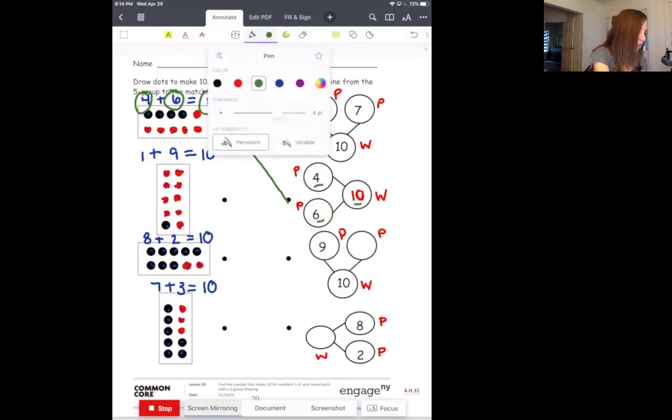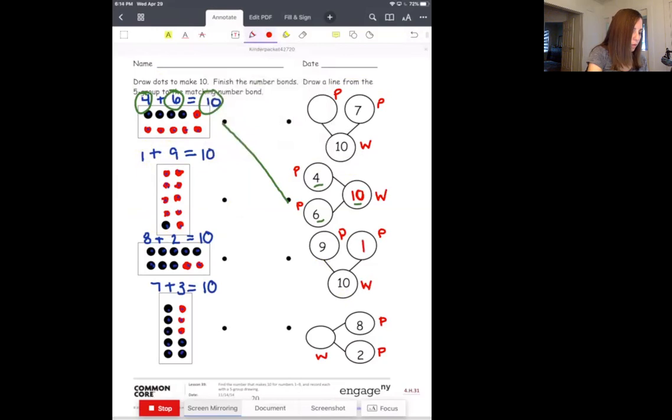So, put 1 here. This is tricky. I know it's tricky. Just do your best. So we have a 9, a 1, and a 10, and we found that its match is over here. Let's double check it. So we have a 9, a 1, and a 10, and here we have a 9, a 1, and a 10. Looks good to me. Match it with that one big line. Go to the next problem.